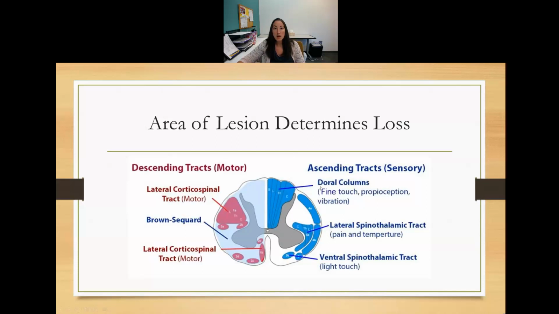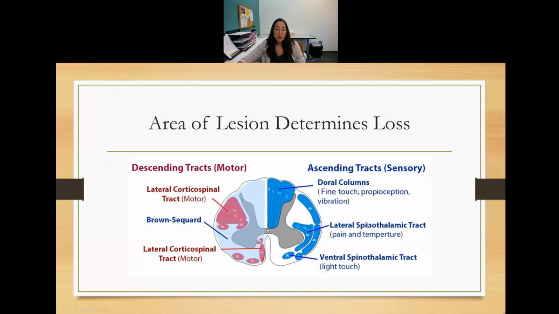So the back portion, the dorsal column, it primarily more sensory than motor, and it is fine touch, proprioception, and vibration that are transmitted in that area of the spinal cord. We'll stay on sensory for now.